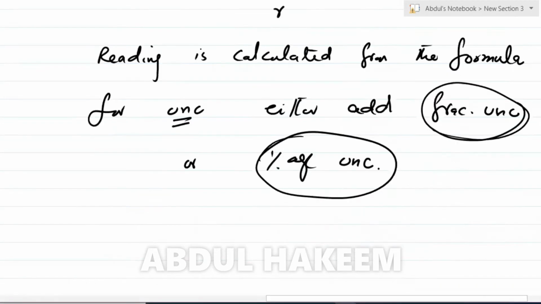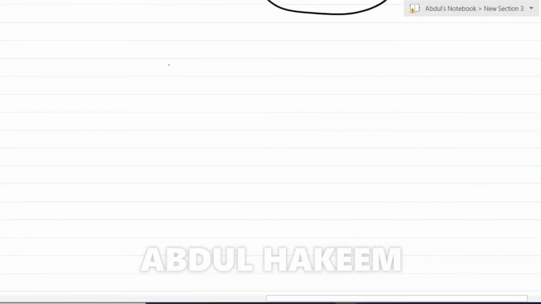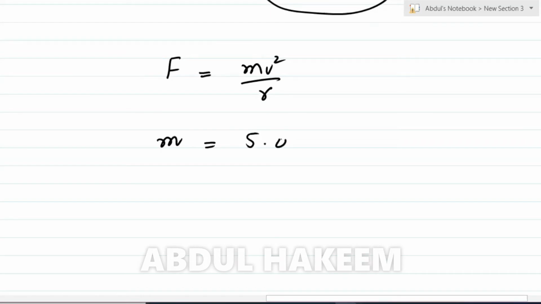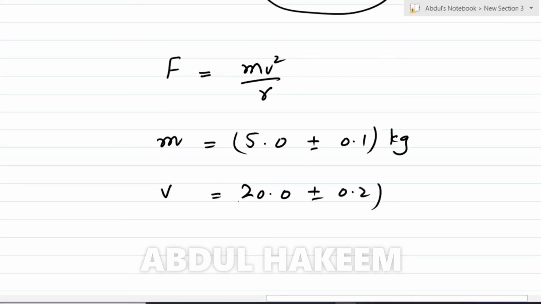For example, F is equal to mv square over r, this formula given, and with m as 5.0 plus minus 0.1 kilogram. The speed is 20.0 plus minus suppose 0.2 meter per second, and the radius is 2.0 plus minus suppose 0.1 meter.